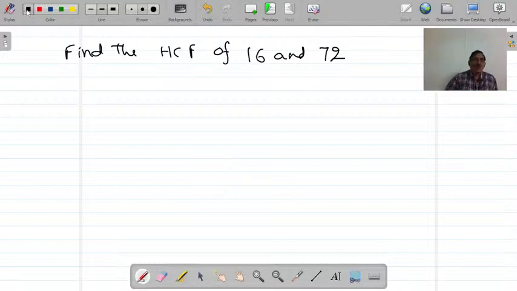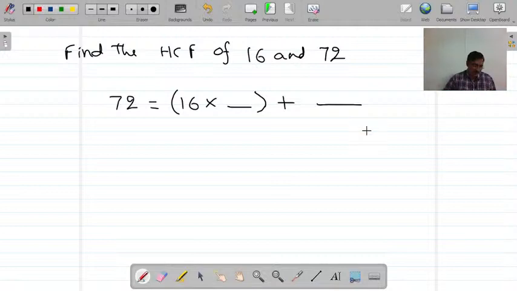So, what is the first thing that we have to do? 72 is equal to 16 into dash plus dash. First you try to fill these two dashes. This is your q, this is r. Earlier we learnt how to find these.